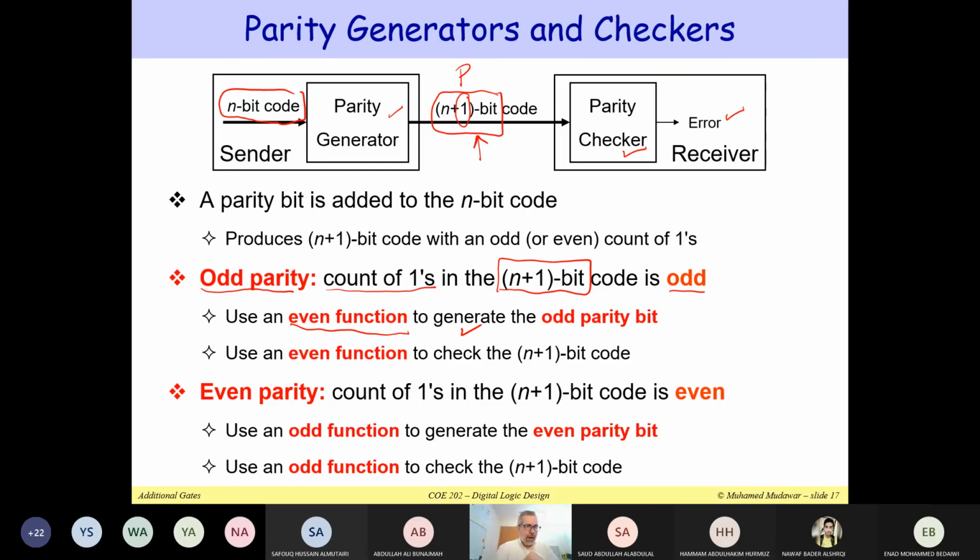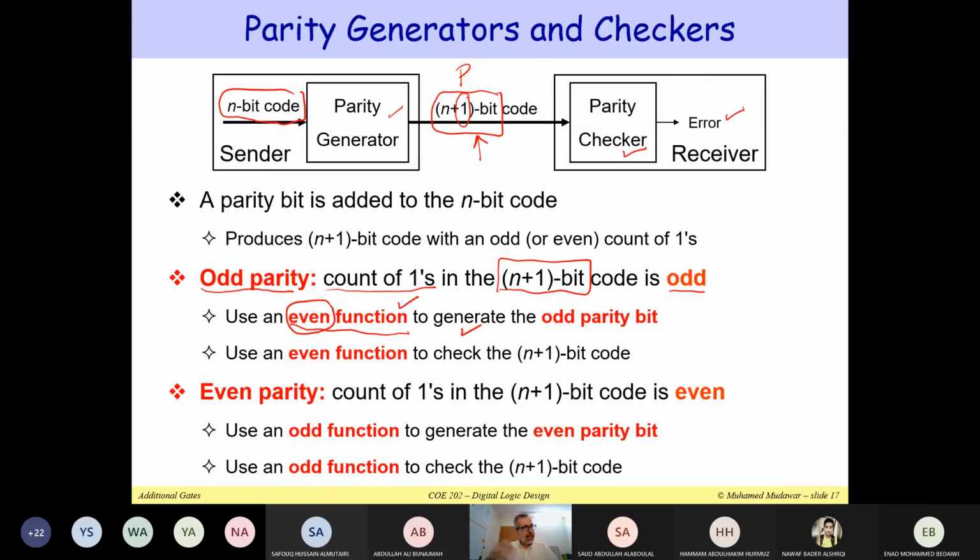But if the number of ones in the n-bit code is odd, the even function will give me a 0 parity bit. If the number of ones in the n-bit code is even, then the parity bit will be equal to 1 to make the total number of ones in the n plus 1 bit code become odd. So for this reason, we use the even function. So the function must be even.